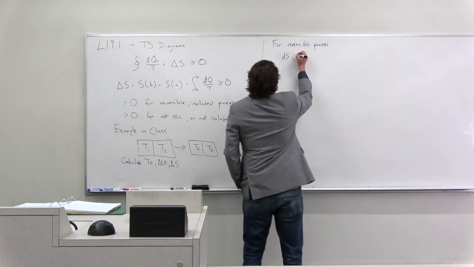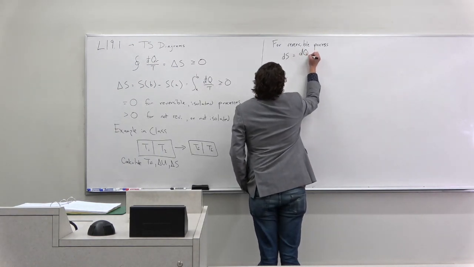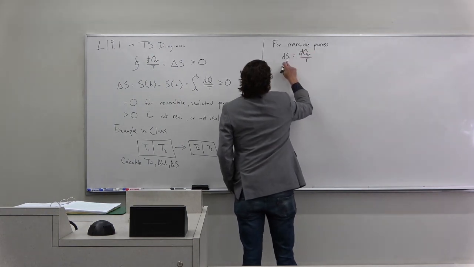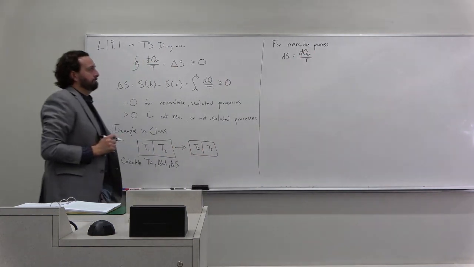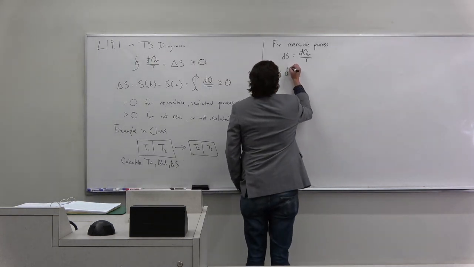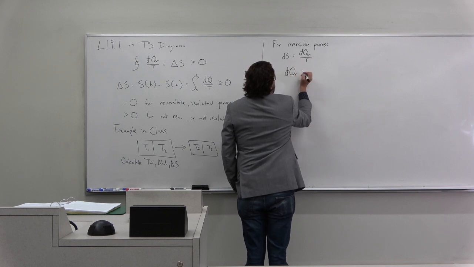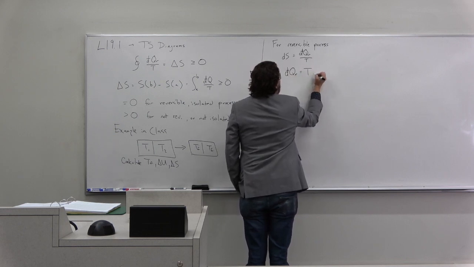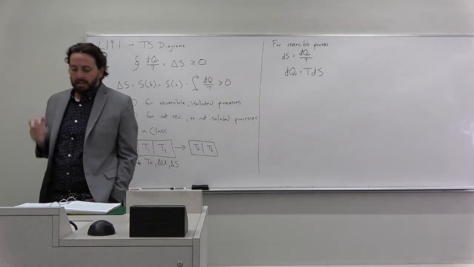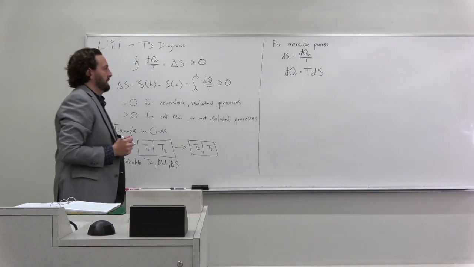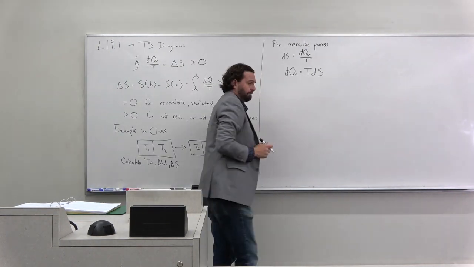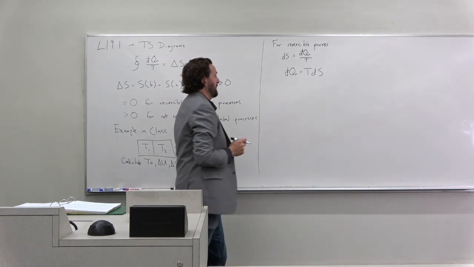But for a reversible process, we can actually define the exact differential for dS. Another way to say that is that we can use our knowledge of the entropy to find the heat, as if these processes were always reversible.